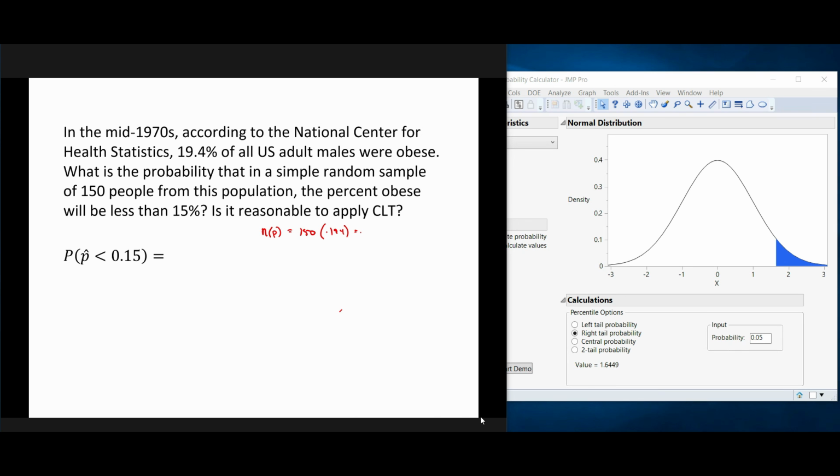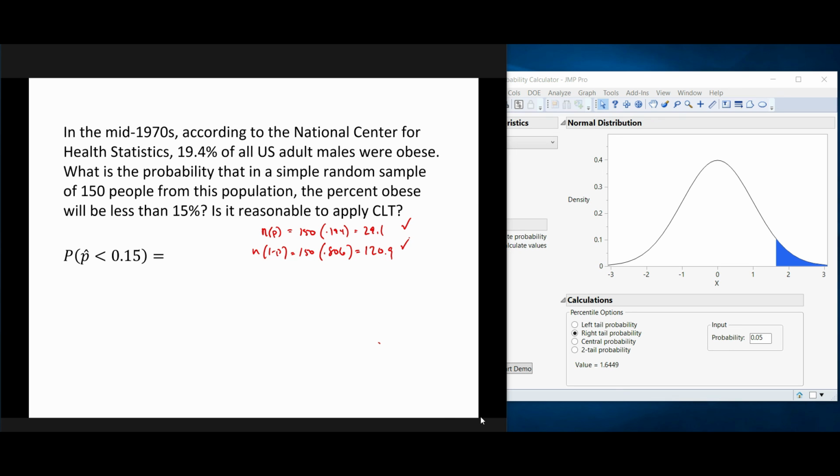So that gives us 29.1. And n times 1 minus p is 150 times 0.806, and that gives us 120.9. So both of those check out.